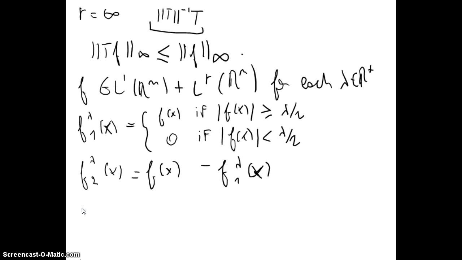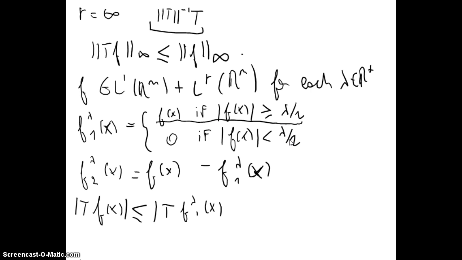And so if we apply T to this, then we will have that the absolute value of T f will be less than or equal to the absolute value of T f lambda 1 of x plus the absolute value of T f lambda 2. Okay, but that is going to be what is left of this function, and that can be bounded by lambda over 2.